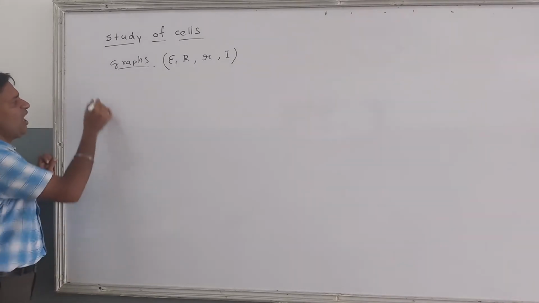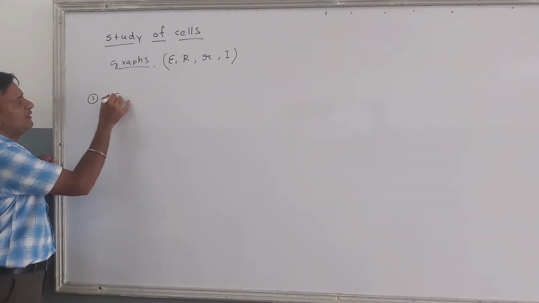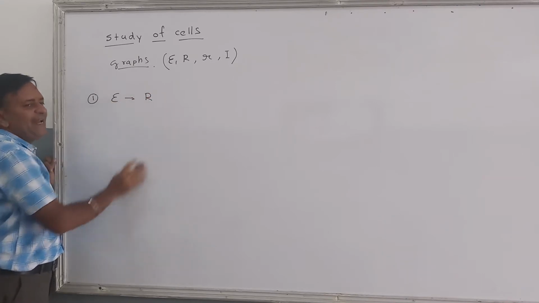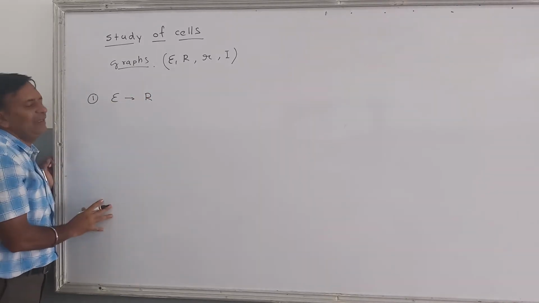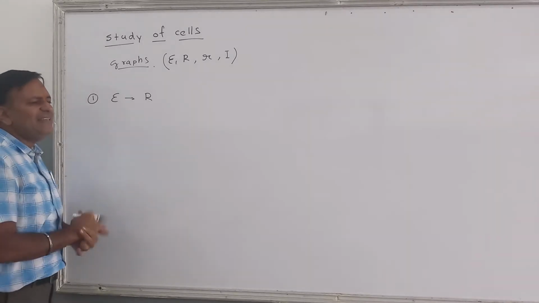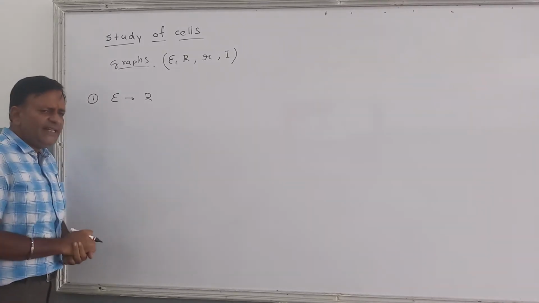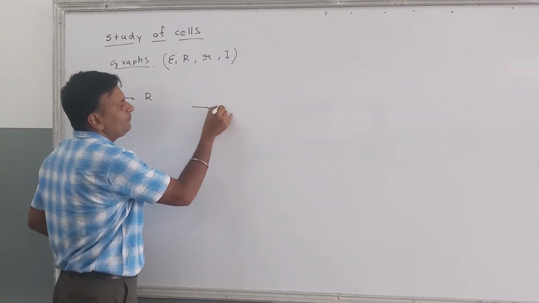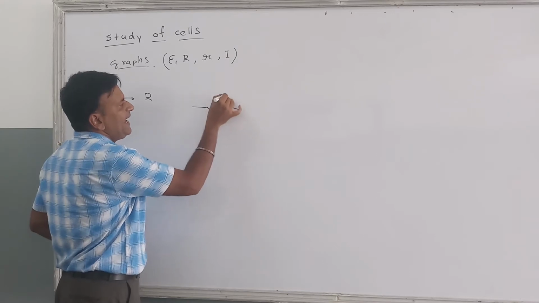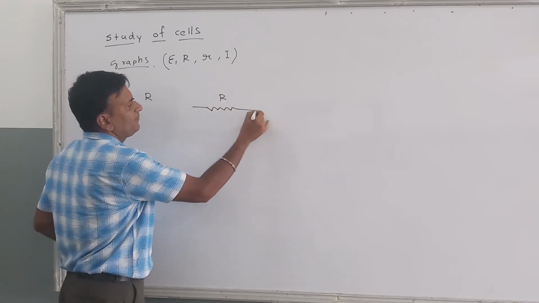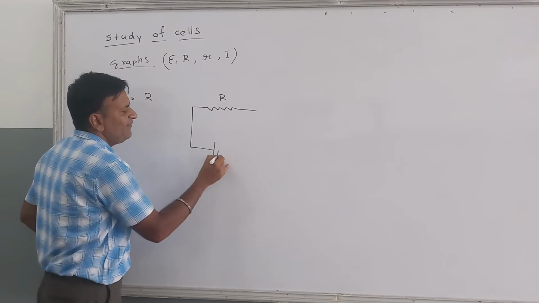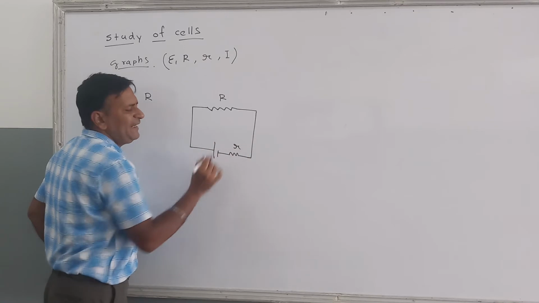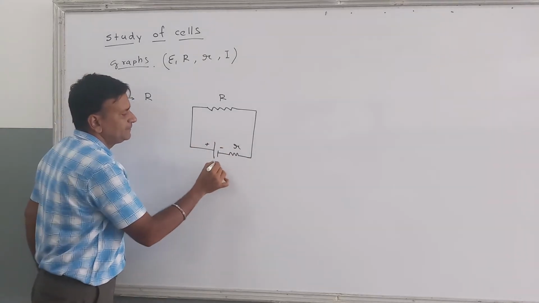Okay, the first graph will be of EMF of the cell and external resistance. To visualize this graph properly, we need a circuit diagram. In this diagram, there is an external resistance, we have a cell and one internal resistance.